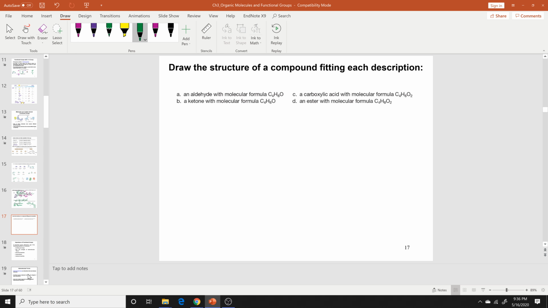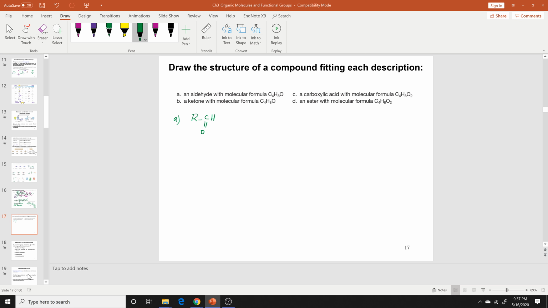Okay, so this is another problem where I am asking to draw the structural isomers of a certain molecular formula, and I'm specifying that I need an aldehyde that has this molecular formula. Now, the first thing that you should do is write the general formula of the aldehyde.